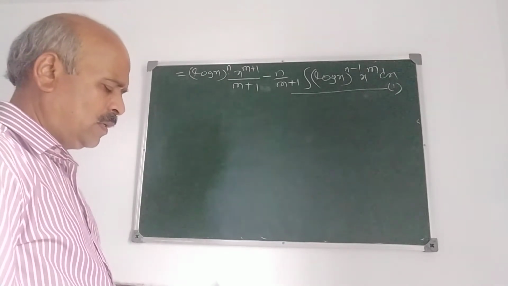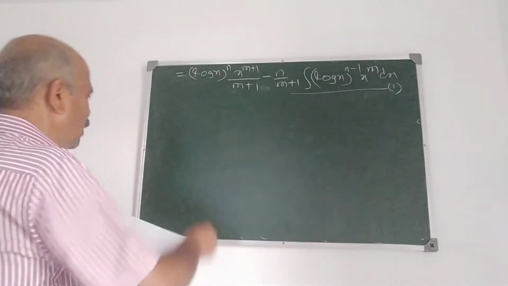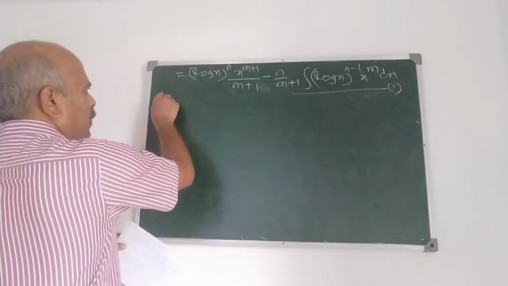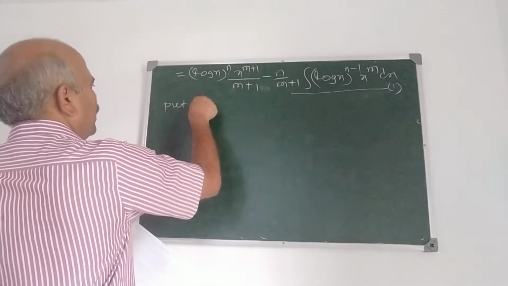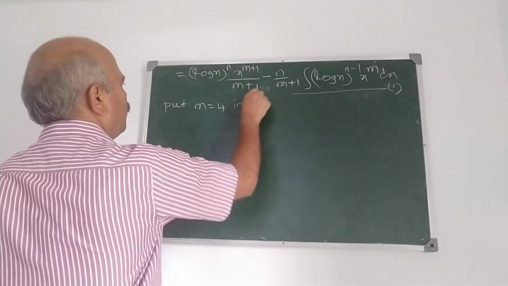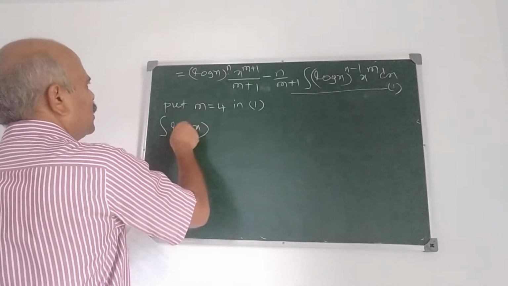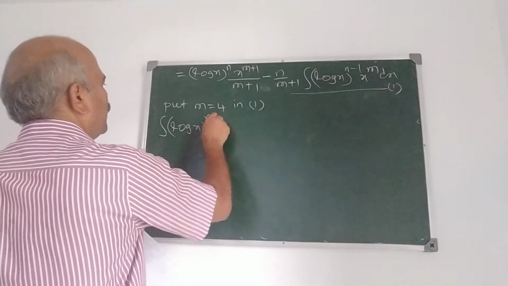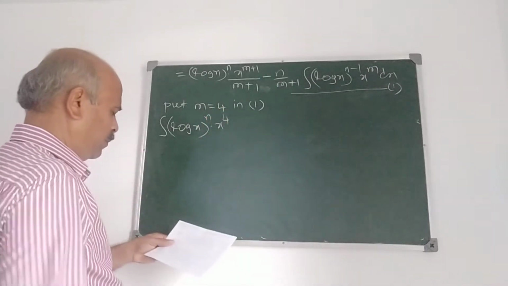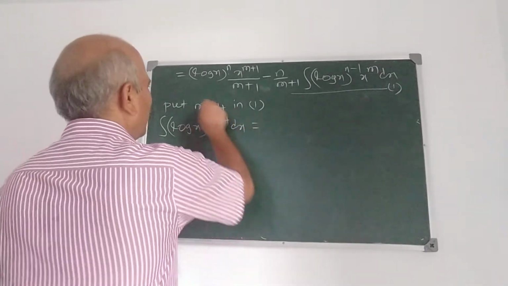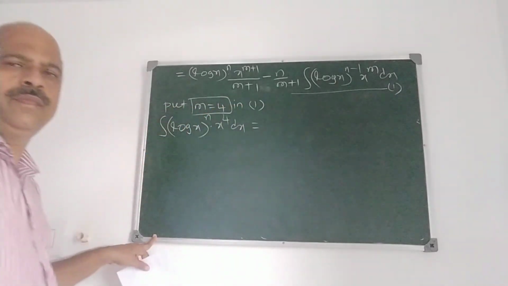Now to evaluate the given problem, substitute m is equal to 4 in 1. We get integral log of x raised to n into x raised to 4 with respect to x. Only m is 4 in the beginning.